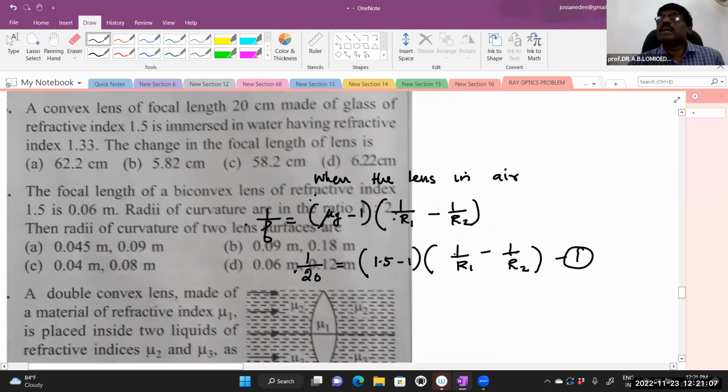The same lens is immersed in water. First, the lens is in air. Second case, the lens is immersed in water.